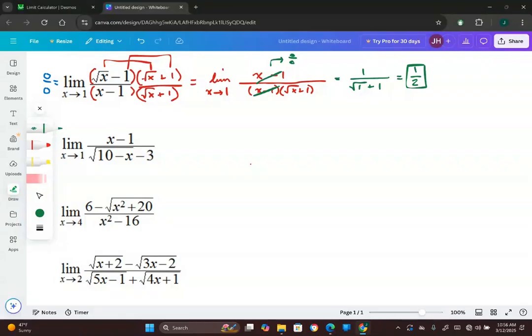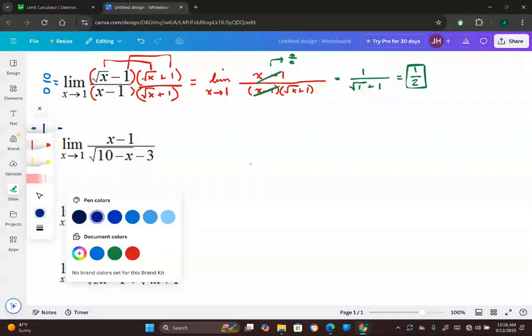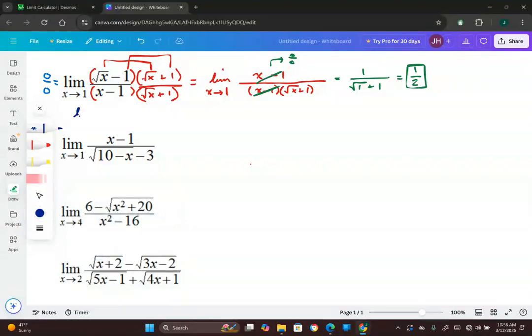Now, there is another method I could have used here. I could have taken this limit and thought of it as, well, maybe I can factor and cancel because the top is radical x minus 1, and you could literally think of the bottom as a difference of squares. It's radical x times radical x to get x, and then it's minus 1 and plus 1 to get the negative 1.